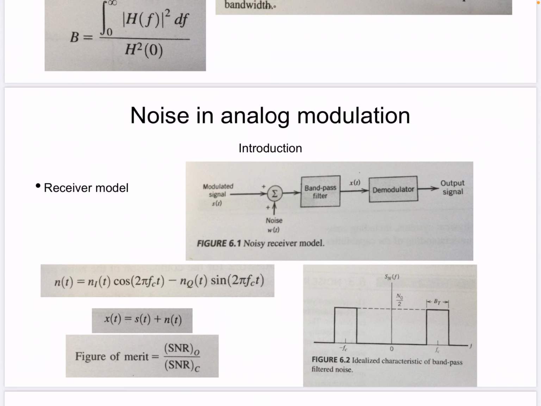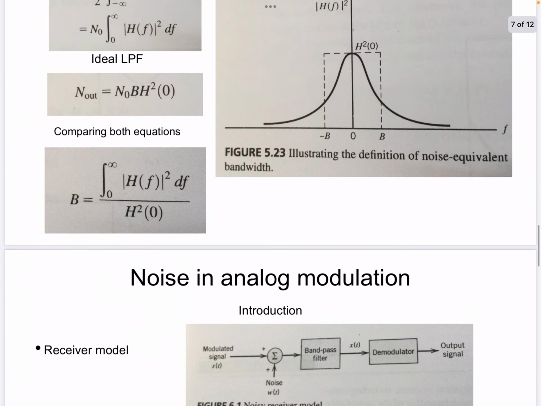We will first understand the noisy receiver model. Then we will take up each type of system: amplitude modulation, DSBSC modulation, and FM modulation. According to the syllabus, we need to find the figure of merit for these three modulation techniques. We will take this up in the next video.